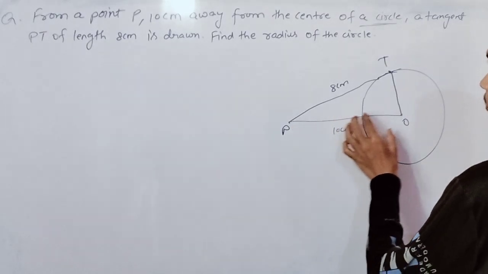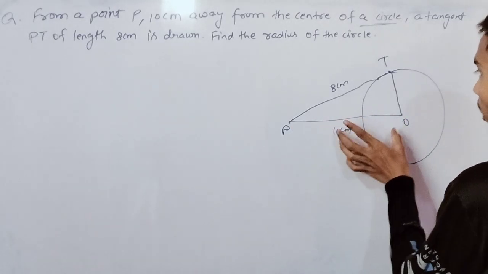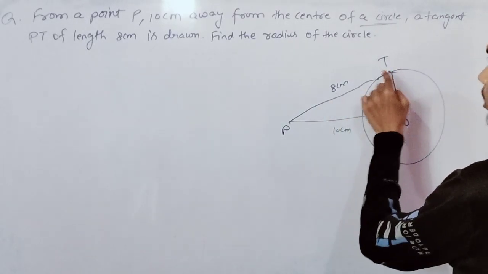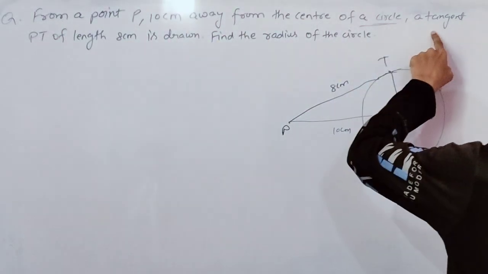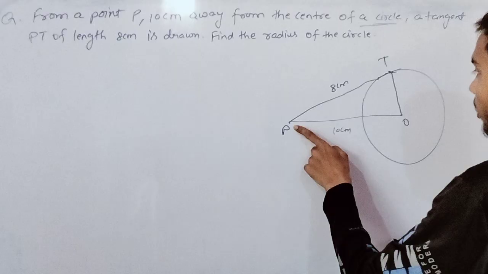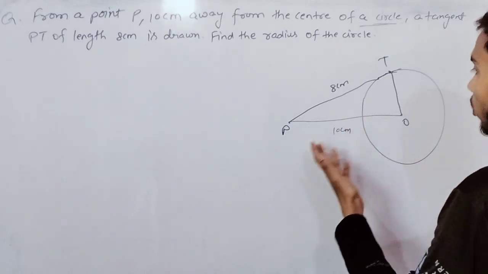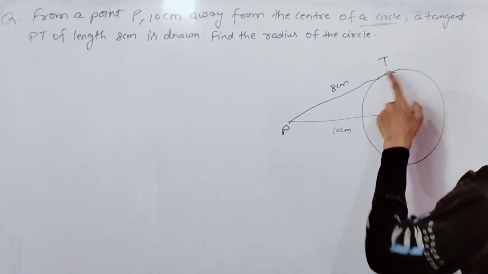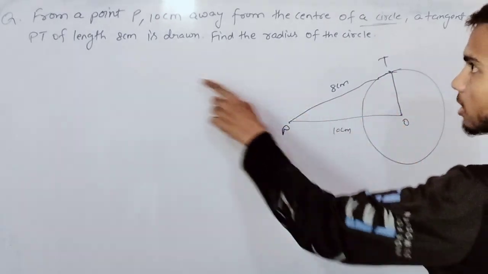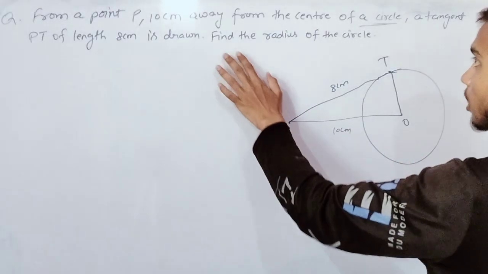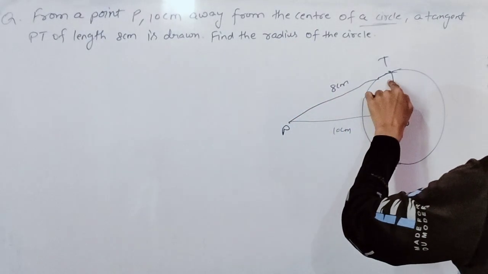This point is away from this center, and the measure of this is 10 centimeter. Now you can see PT. So PT is a what? Tangent. Of course, here we cannot say that PO is a tangent. PO will not be a tangent at all. Yes, PT is a tangent, and the measure of this is 8 centimeter. So the second sentence is complete. Find the radius. So we will find this radius.